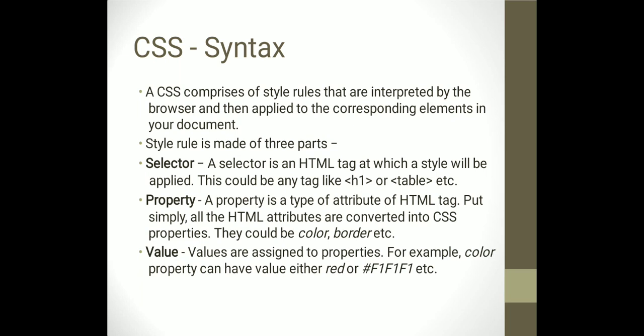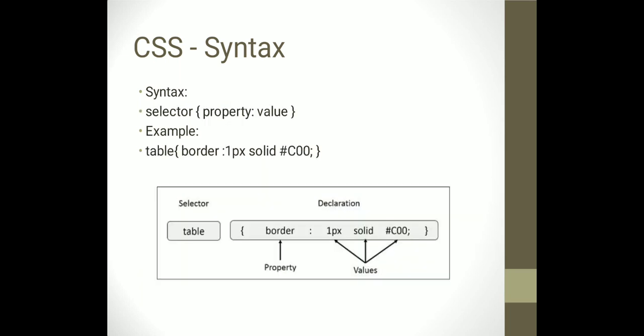Okay, so the values are assigned to properties. For example, the color property can have the value red or #f1f1f1 etc. So how the syntax is used, that also we have seen: selector, declaration part, property part, values part. Okay.